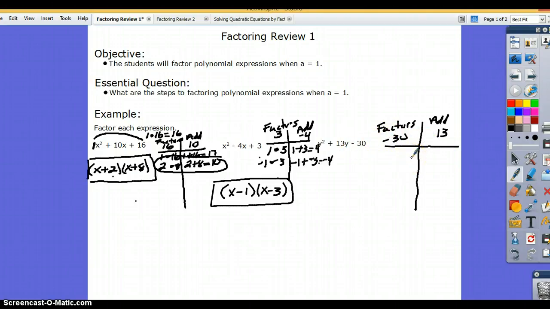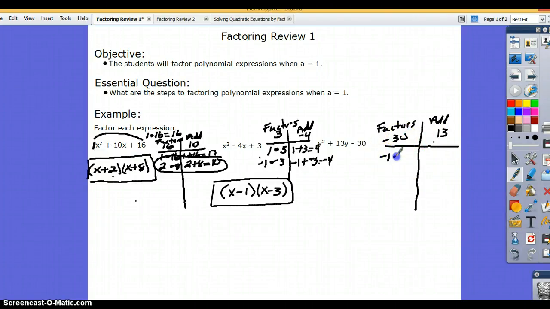A couple things you should be able to understand by the sign here: if this is going to be a positive number, then my positive factor should be bigger than my negative factor. The opposite is also true. If this is negative, then my negative should be bigger than my positive. So in this case, I want the positive to be bigger.